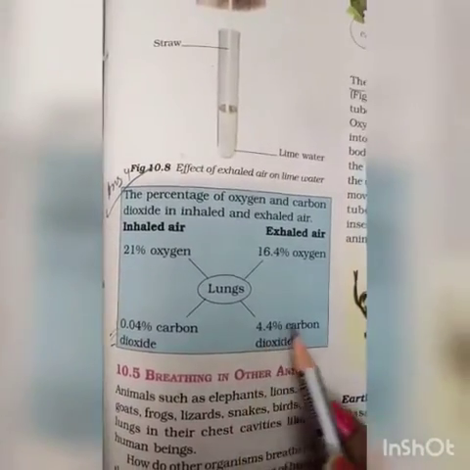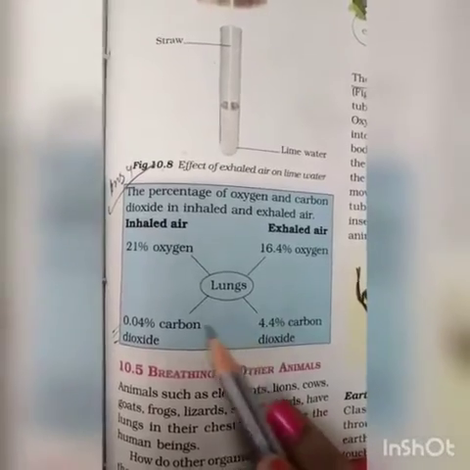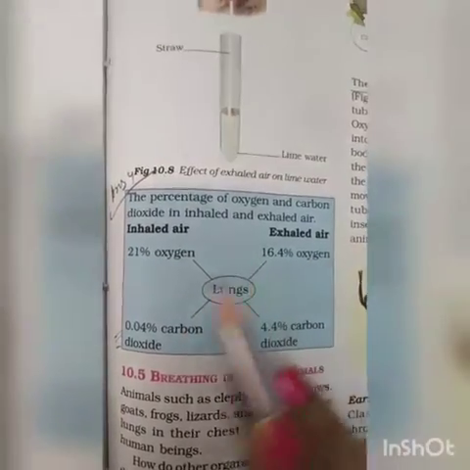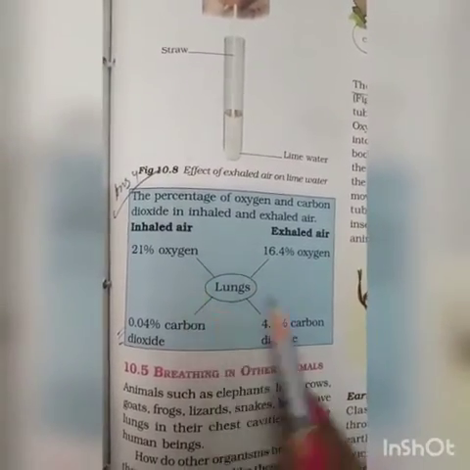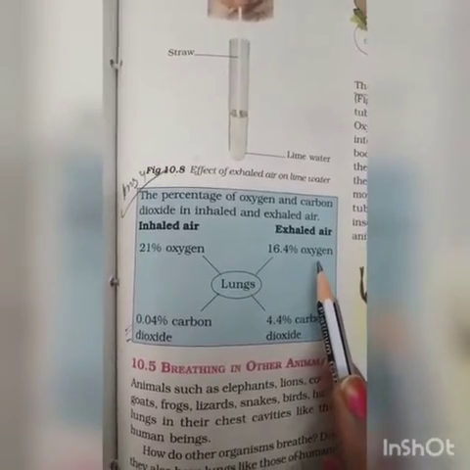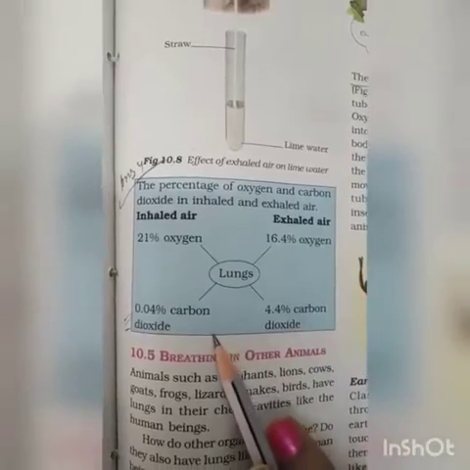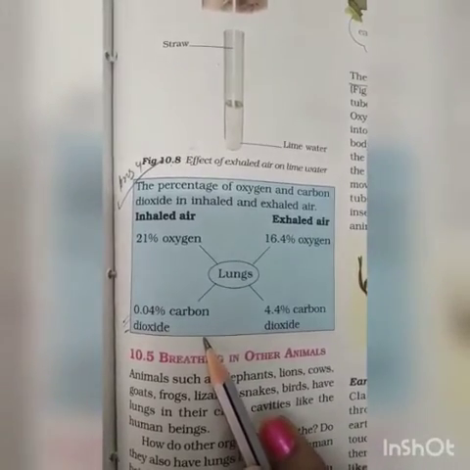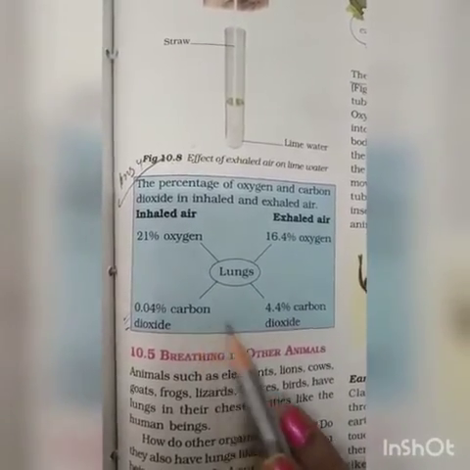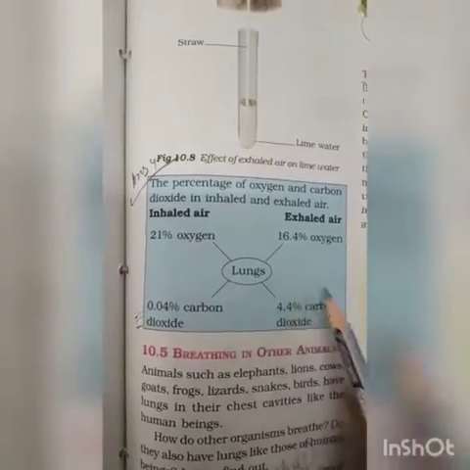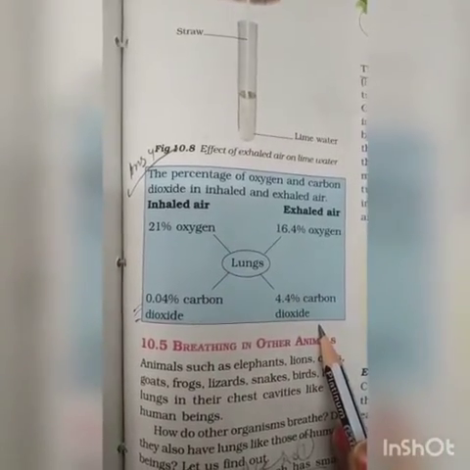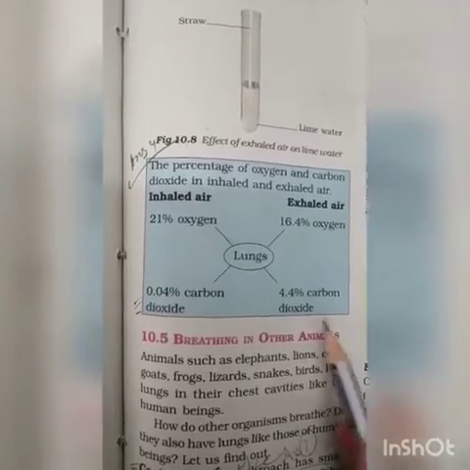Here is the percentage of oxygen and carbon dioxide in inhaled and exhaled air. In inhaled air, oxygen is 21% and in exhaled air it is 16.4%. Carbon dioxide is 0.04% in inhaled air and 4.4% in exhaled air.